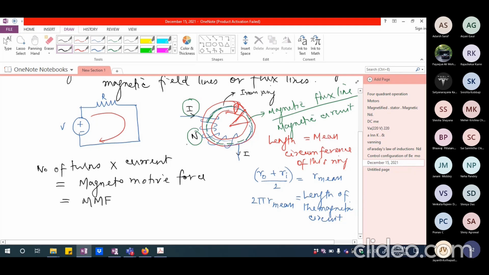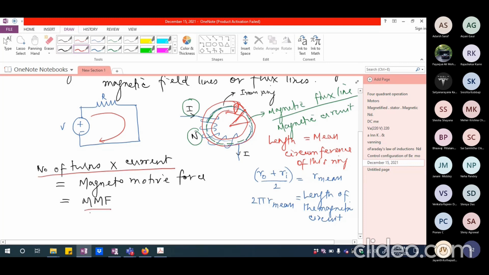Why is the magnetic field manifested? That is because of how many turns are carrying current in this particular magnetic circuit and how much current is flowing through it. For the coil which is causing the magnetism, how many amperes of current are flowing through it and what is the number of turns the coil has, both of them play a very vital role in deciding what kind of magnetism is established.